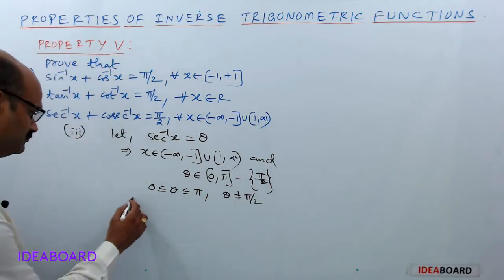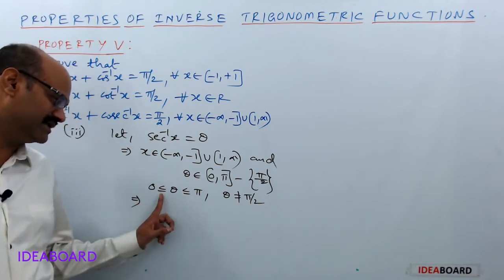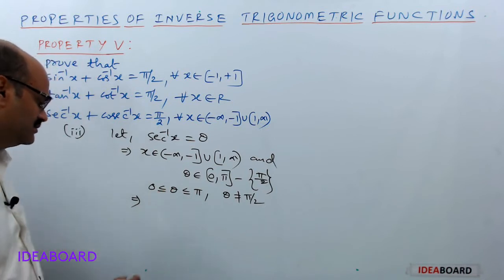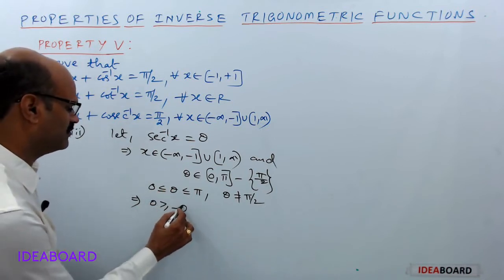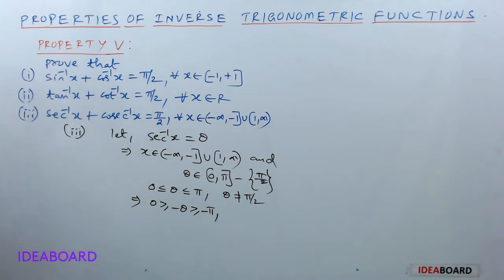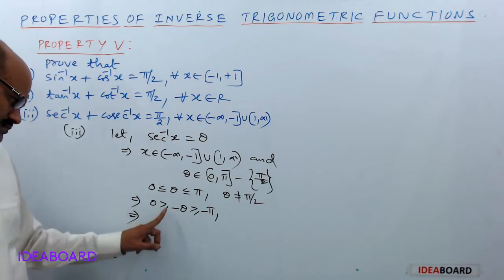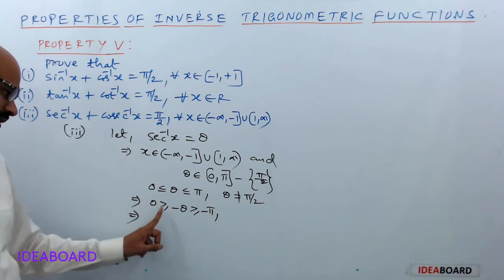Now multiply by minus. When you multiply by a minus, the inequality changes. So 0 greater than or equal to minus theta greater than or equal to minus pi. Here we add pi by 2.